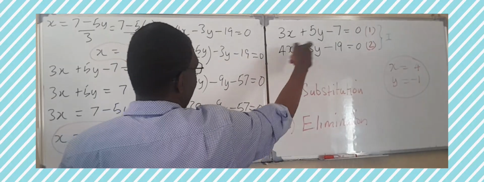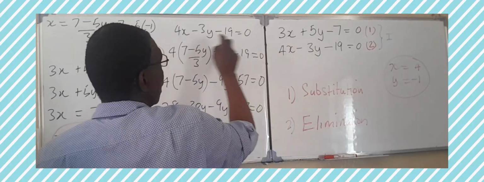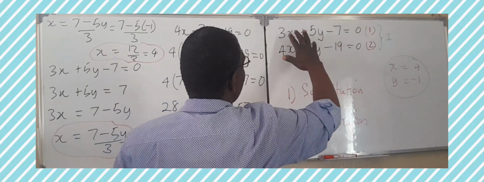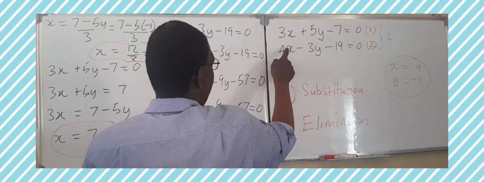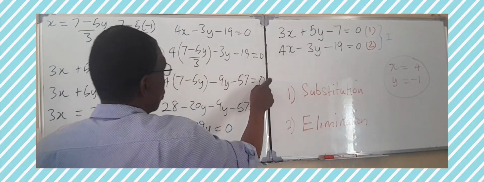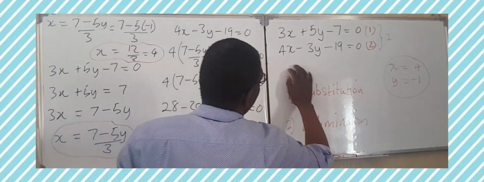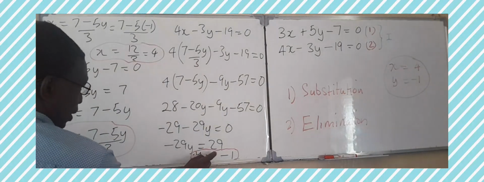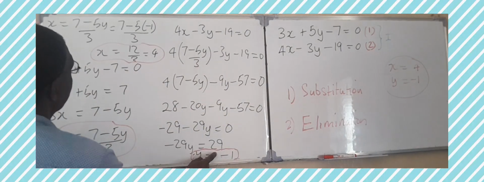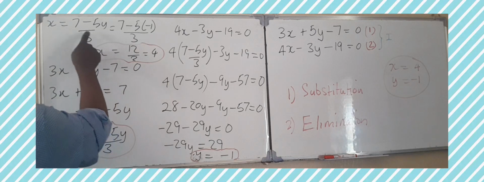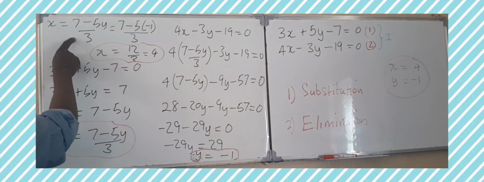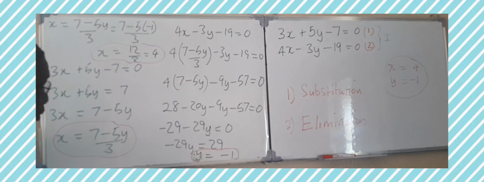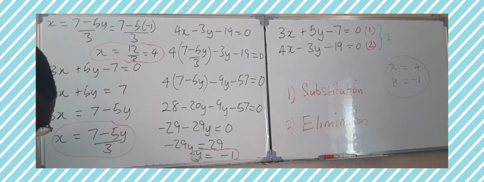In our case here, we made x the subject, we expressed everything in terms of y, and then we came down here, substituted that value of x, and we were left with an equation in y only. And from there, we got here. Once we get here, we go back to our expression which we found for the x, and we substitute the y, and we get that. That is the method of substitution.